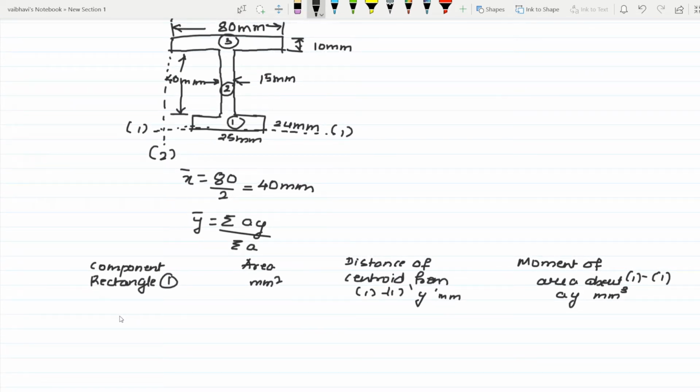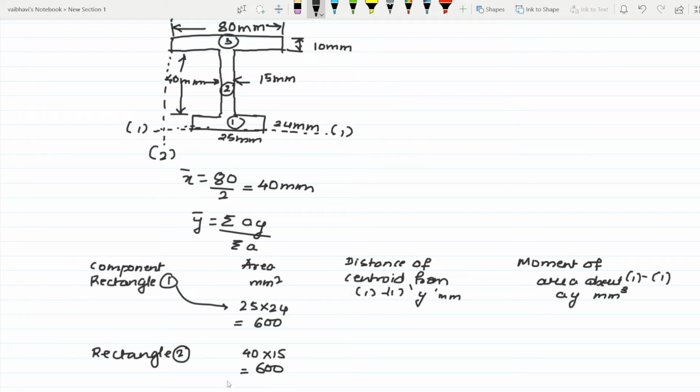So for the first rectangular component, component 1 area, that is 25 into 24. How much do we get? 600 mm square. Then what is for rectangle 2? For rectangle 2, it is 40 into 15.